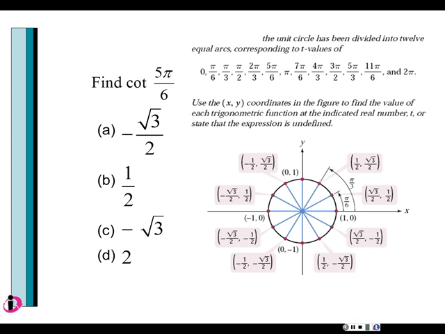It doesn't matter how many degrees you are going, you still end up somewhere here. Let's say you have 450 degrees. Start from here, go all the way up to here, that is 360, then go another 90, that's 450. So every time you will be at some point, and you will know the values of those coordinates, and based on that, you will know what the cosine and sine will be.